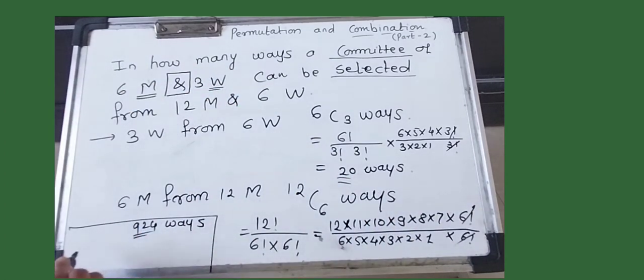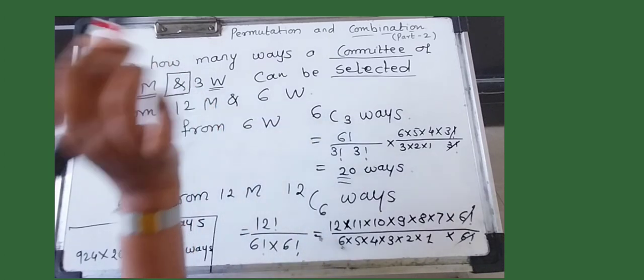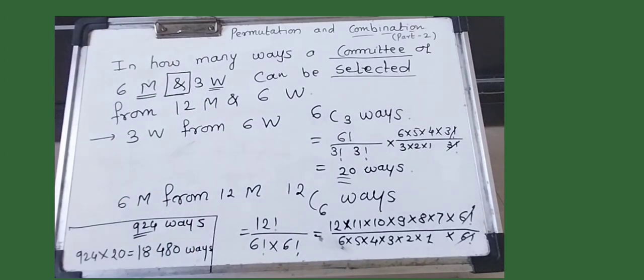This is my second answer. So committee can be formed in 924 into 20 ways. So it will become 18480 ways. Clear? Why we use multiplication here? Because they given and here. Clear? Take a screenshot of this question.